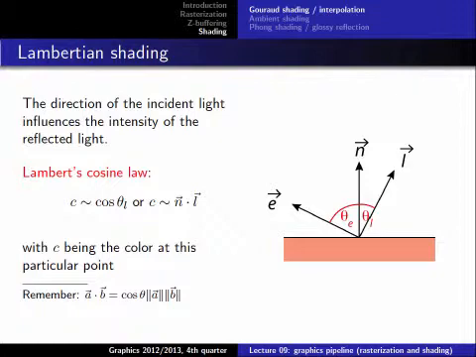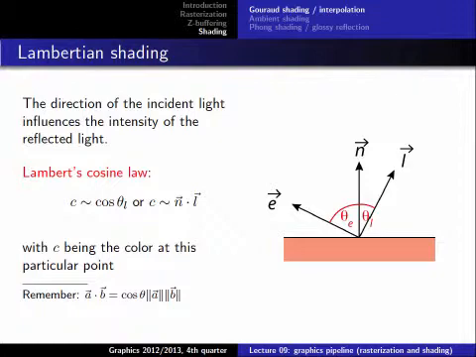We saw that it depends on the angle that the incoming vector has with the normal vector, and that is called Lambert's cosine law, which says that the influence of the light on the color that we perceive at a point depends on the angle at which that light reaches the surface, and thus the angle with respect to the orientation of the surface, which we usually measure with the normal vector.